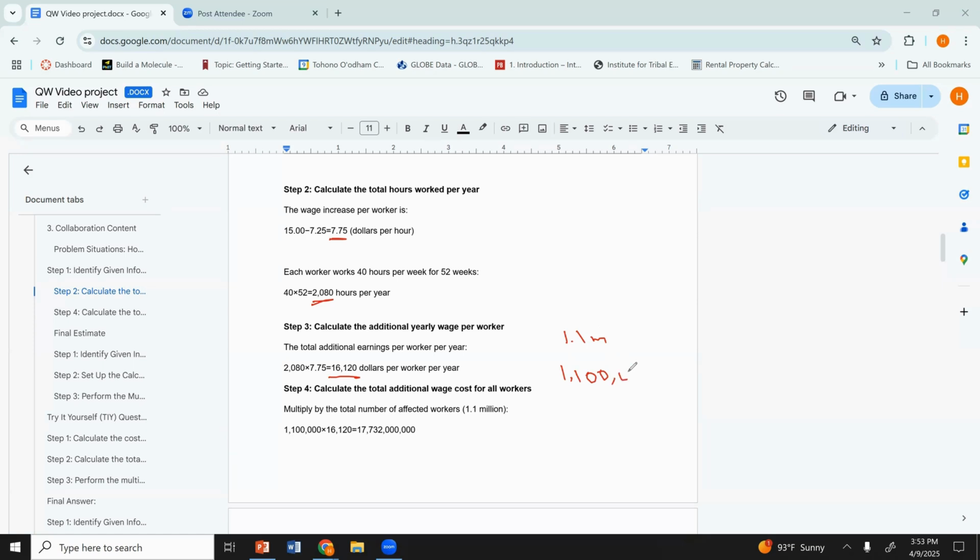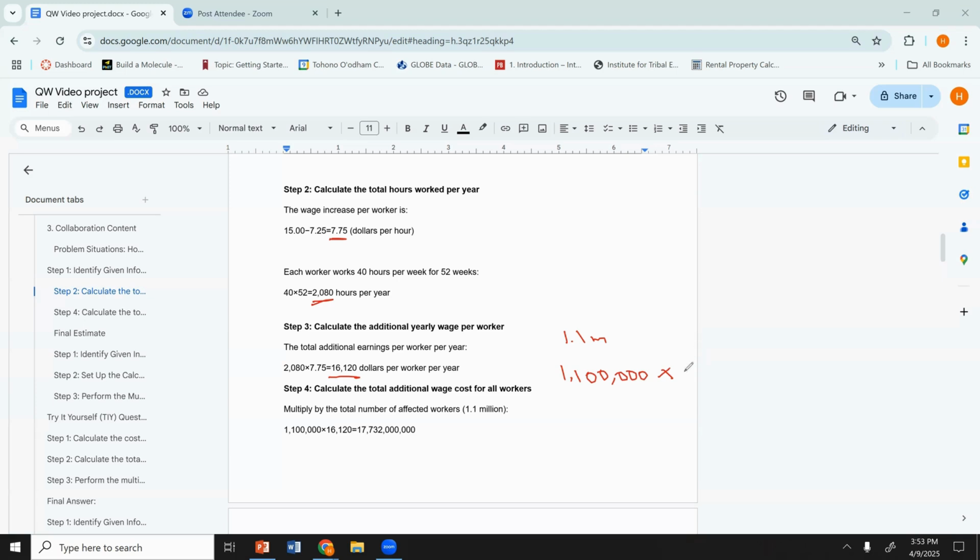It's important for us to write this out if we are multiplying by other numbers so that we get the right decimal places. So 1.1 million, this is how you write that, times 16,120. The 16,120 is the amount we're going to pay per person in order to raise their wage.